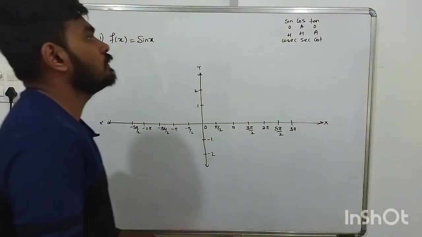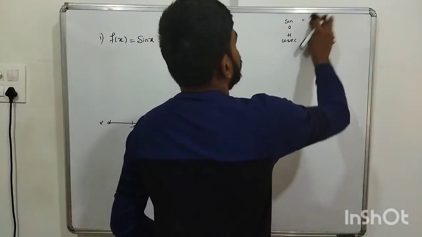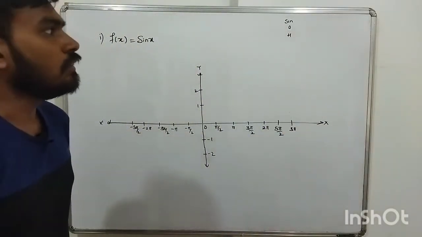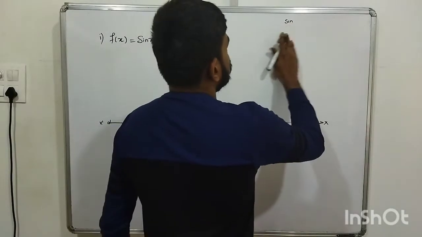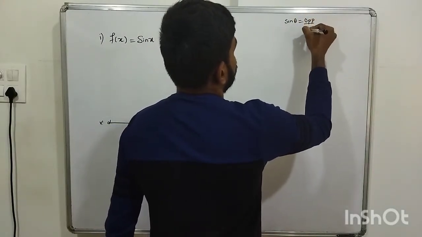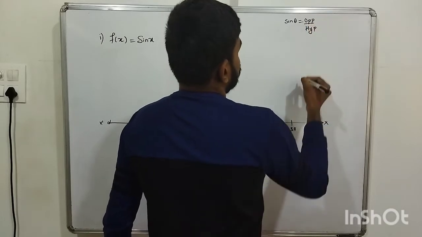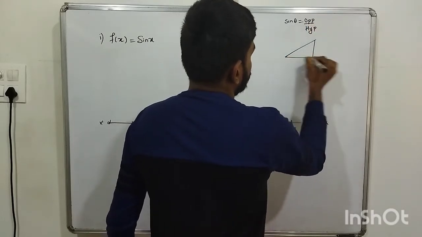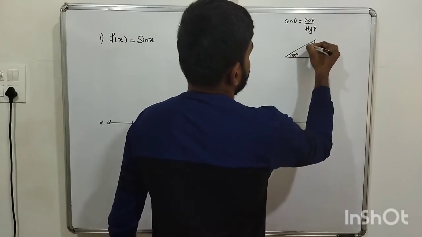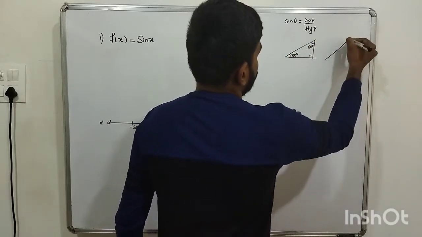We will focus only on sine. Sine is opposite upon hypotenuse. You can draw triangles to show 30, 60 and 45, 45.